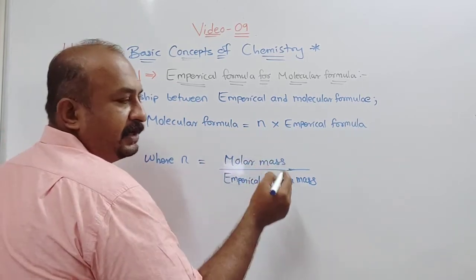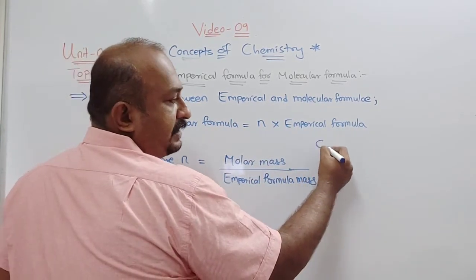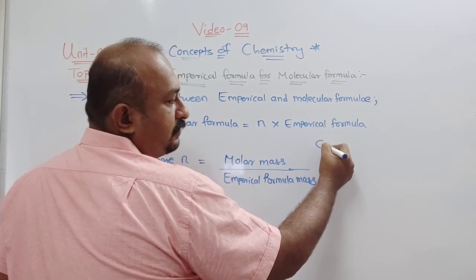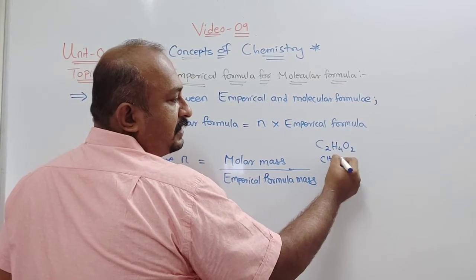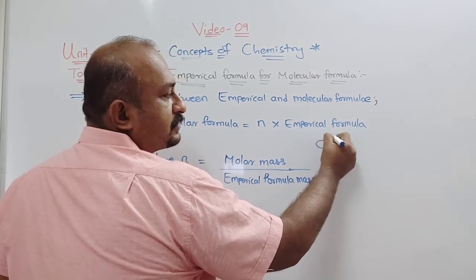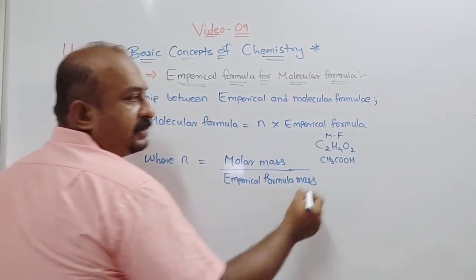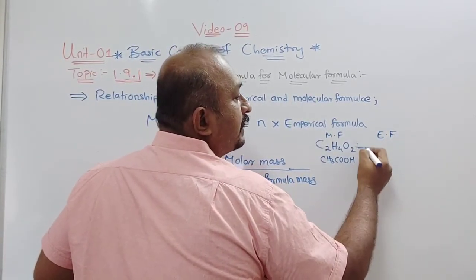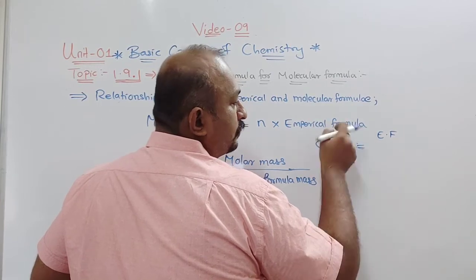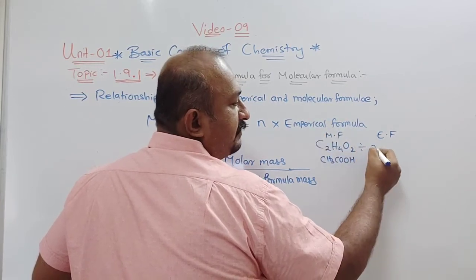Now I gave an example if you remember. What was that example? That is of CH3COOH. So what was it? C2H4O2 was there. That is CH3COOH. Here this was your molecular formula. Now for this, if I want to write the empirical formula, what have I done? I have divided it by 2. If you remember, this one was divided by 2.